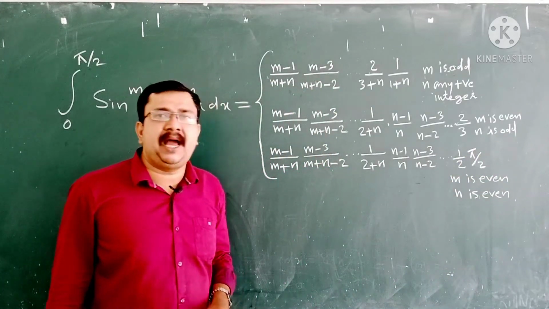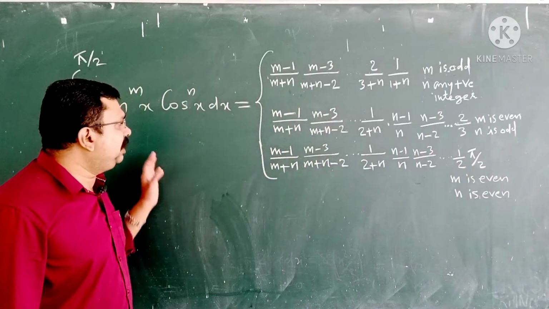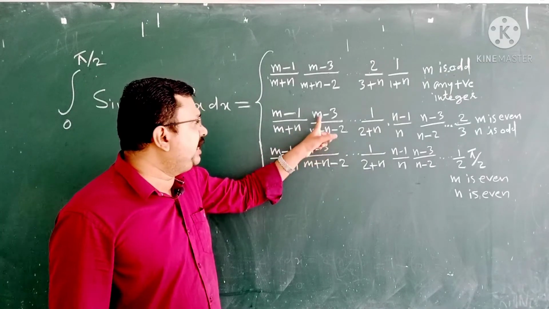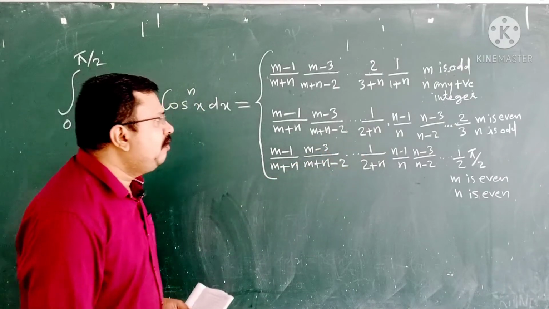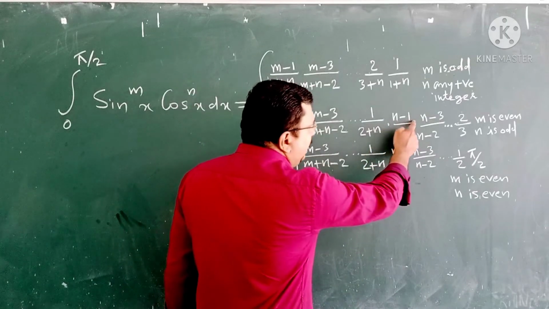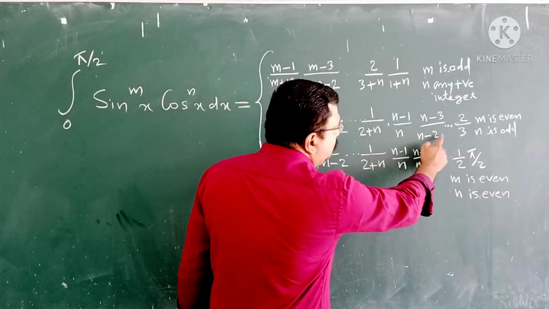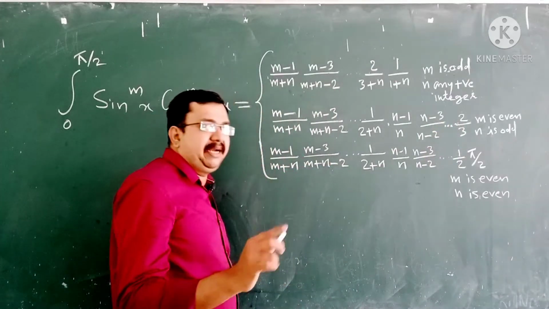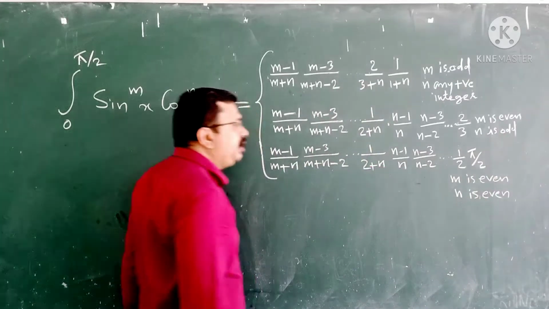Then we will get (m minus 1) by (m plus n) into (m minus 3) by (m plus n minus 2) and so on, then 1 by (2 plus n) into (n minus 1) by n into (n minus 3) by (n minus 2) and so on. The last term is 2 by 3. Remember that here m is an even number and n is an odd number.